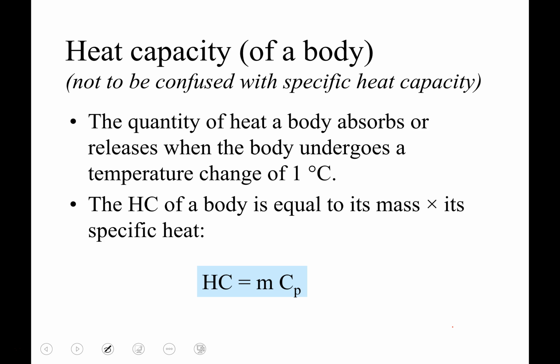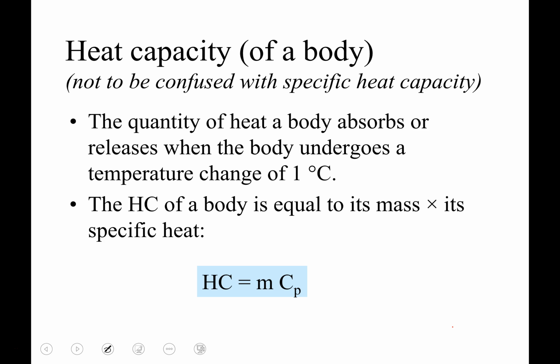This is something a little different from the Petrucci book that I most recently taught from. OpenStax introduces this property of a body called its heat capacity, not to be confused with its specific heat capacity. Specific heat is different than heat capacity. Heat capacity, abbreviated HC, is simply the mass of the object times the specific heat of the object.